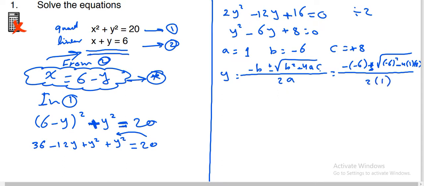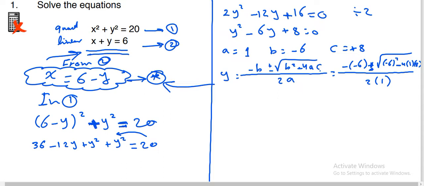Here negative 6 power 2, put the negative number between brackets, minus 4 times 1 times 8 over 2 multiply 1. By calculating on the calculator, you will find the two values of y, and then we will substitute in equation star to find the values of x. But first I will calculate this value, minus 4 multiply 1 multiply 8 divided by 2 multiply 1.